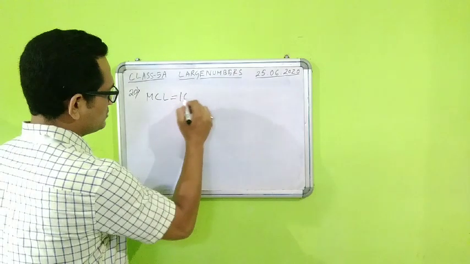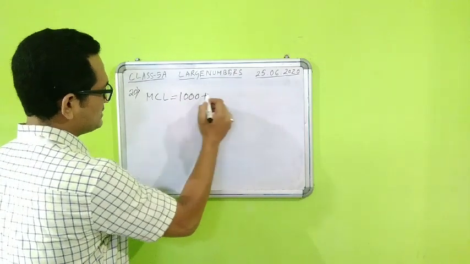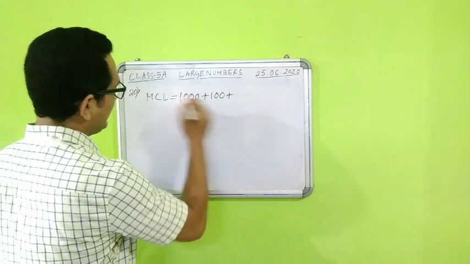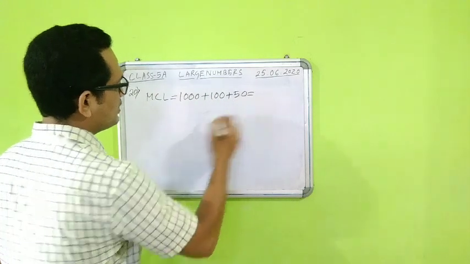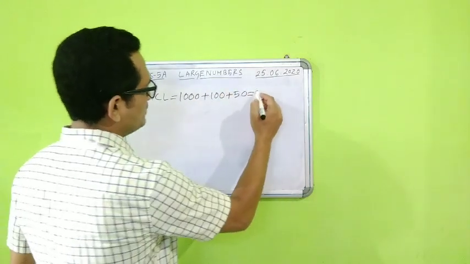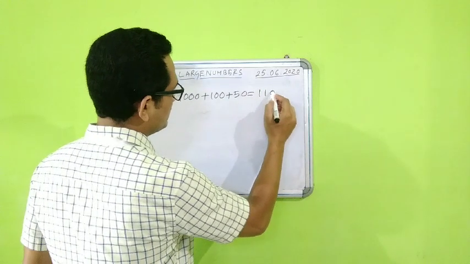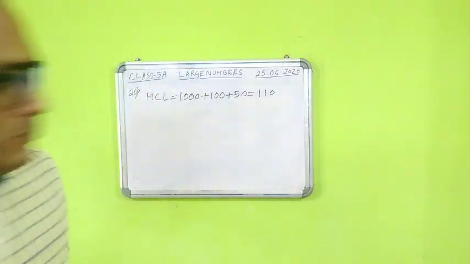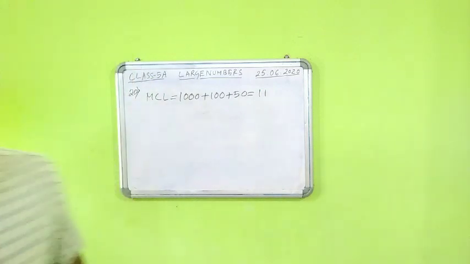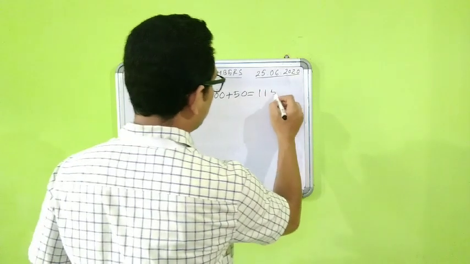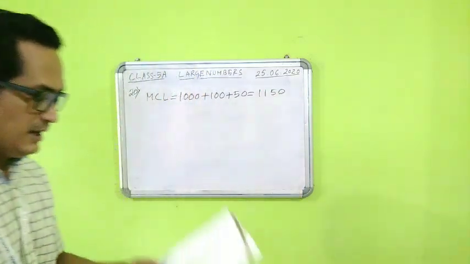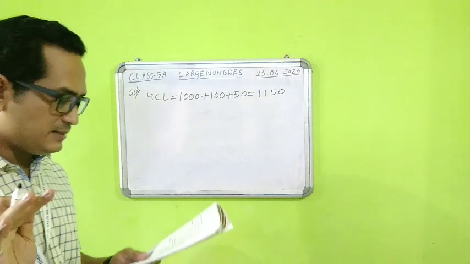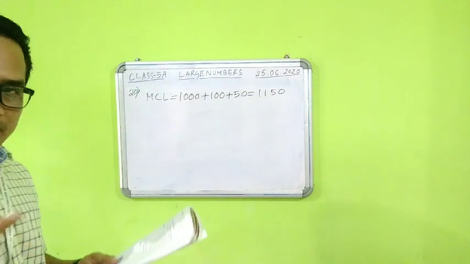M stands for 1000, C stands for 100, and L stands for 50. So if you add this, it will be 1150. This is the marks that she got in the first semester.